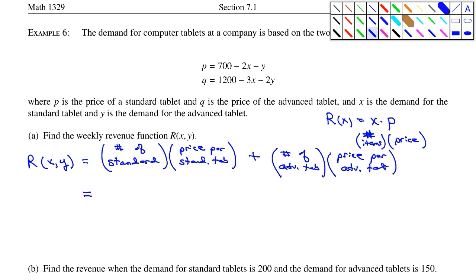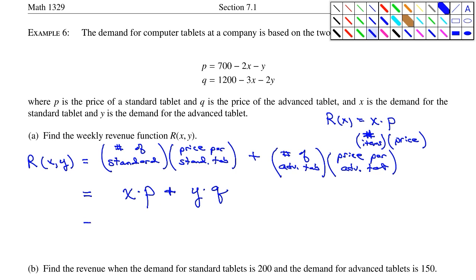The number of standard tablets was X, and the price per standard tablet was P, and the number of advanced tablets was Y, and the price for the advanced tablet was Q. So it's very much similar to our original one variable situation, but we just have two different items, and so we multiply their number times their price and add that all together.